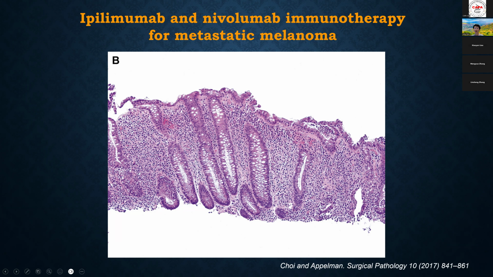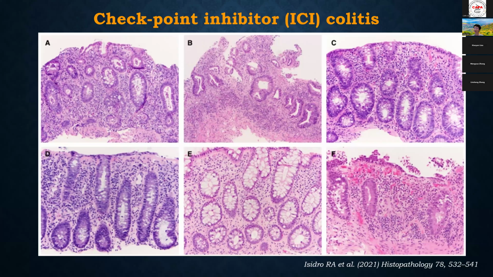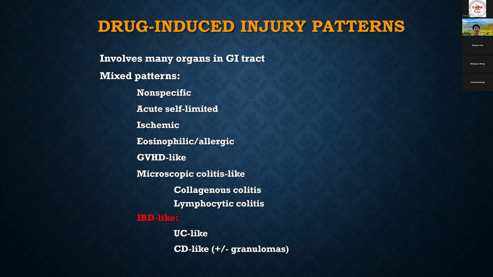Then more and more immunotherapy and checkpoint inhibitors were used for cancer treatment, so now we see more patterns like chronic active colitis, chronic inactive colitis, lymphocytic colitis, collagenous colitis, something non-specific or self-limited, right? So we did mention a lot of drugs, and there are more drugs I can't mention.